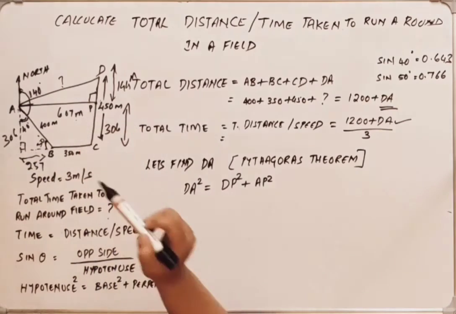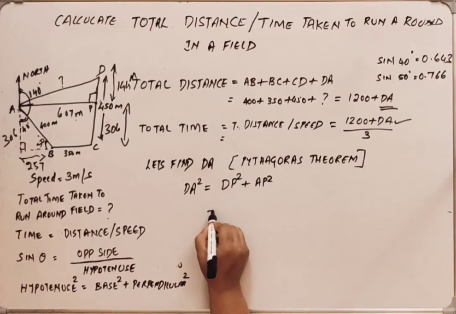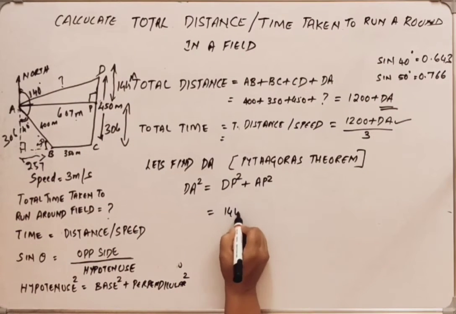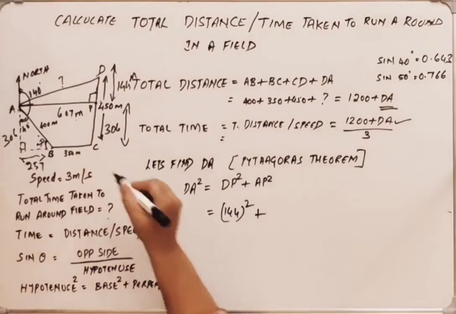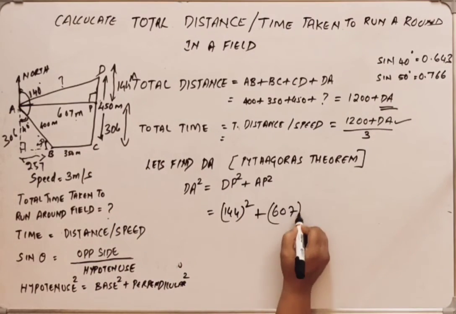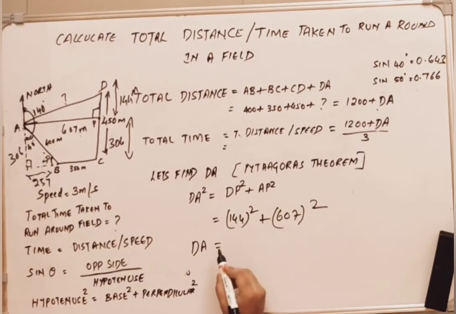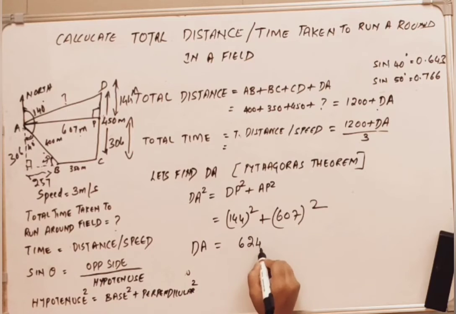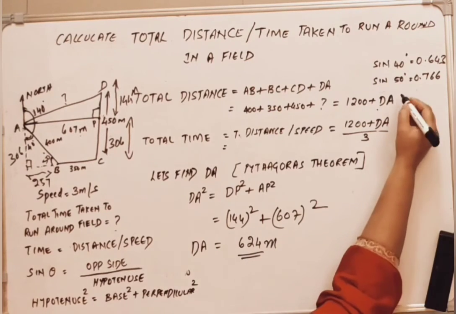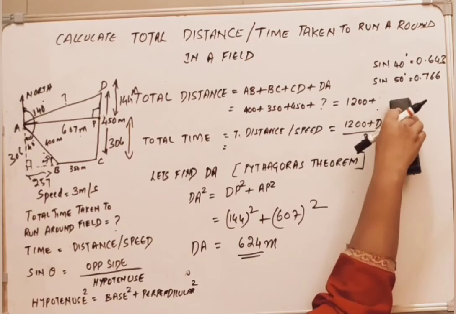We can calculate the hypotenuse AD square, which is 140 square plus AP, 607 square. By further solving this calculation, we will get 624 approximately. Let's substitute 624 in DA here.